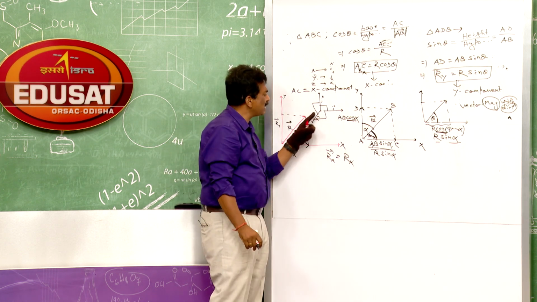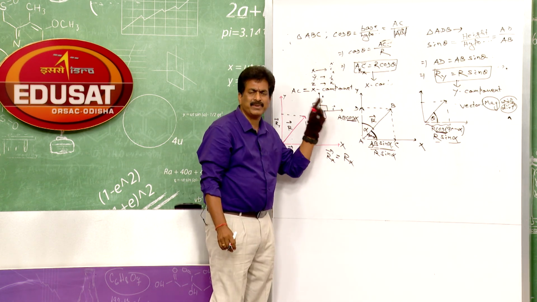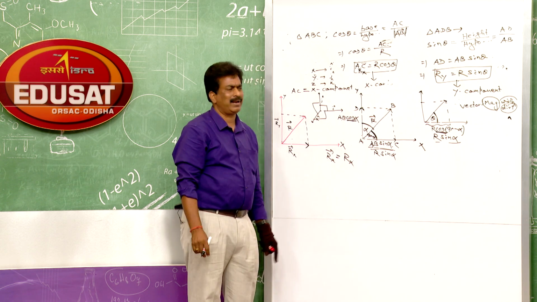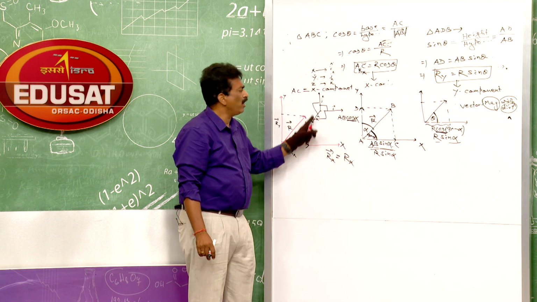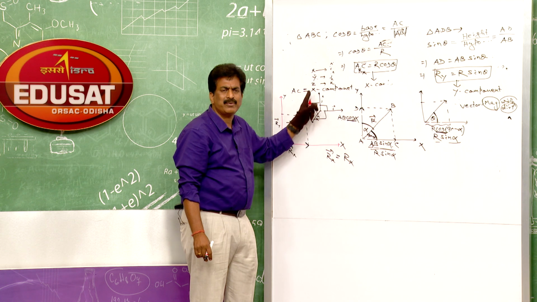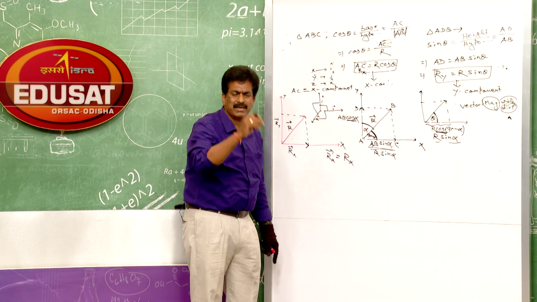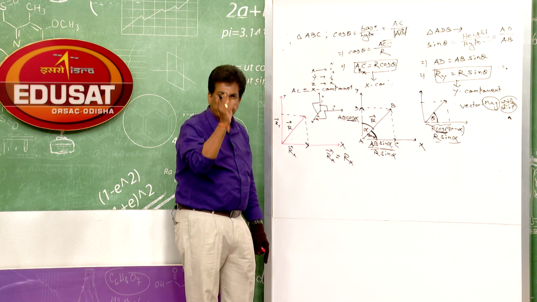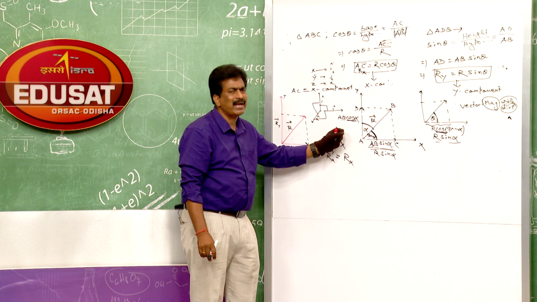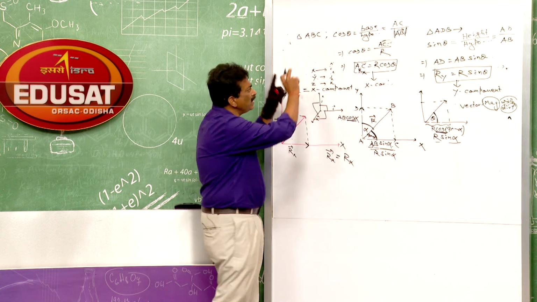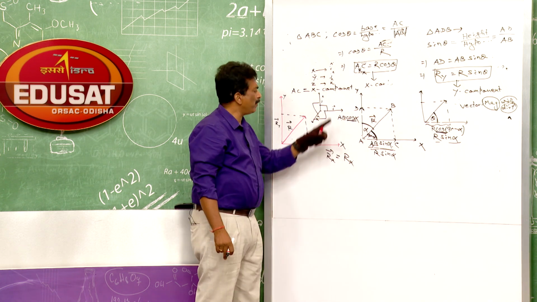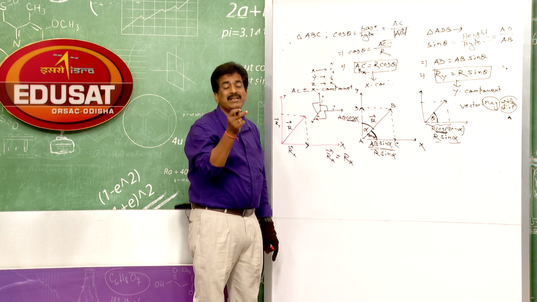You will ask me, sir, i with j or j with i looks perpendicular, but i with k, or j with k, or k with j, k with i does not look perpendicular. I explained it earlier: the diagram we have drawn is a plane one, but i, j, k is 3D.